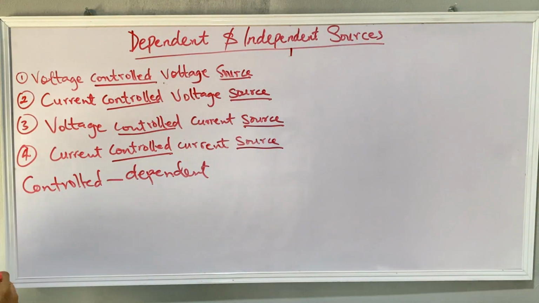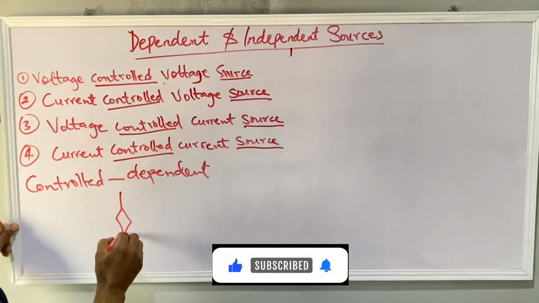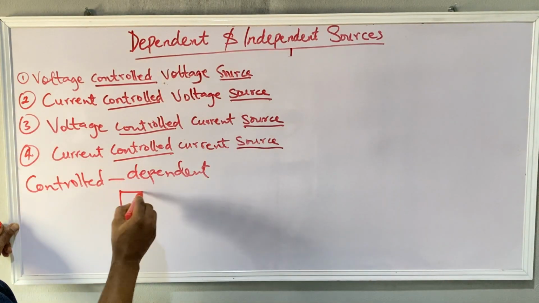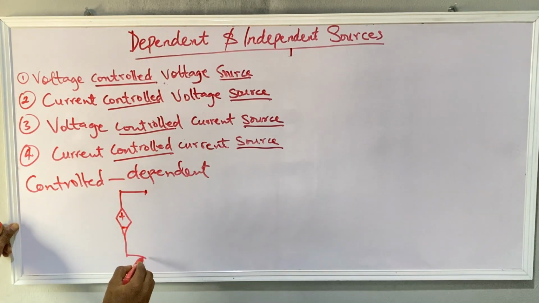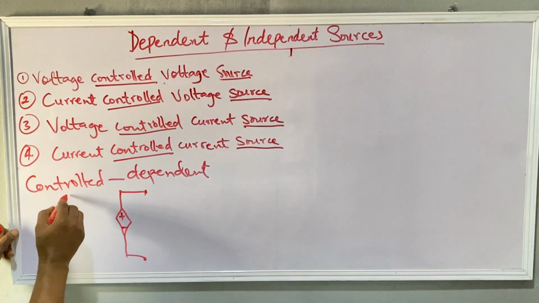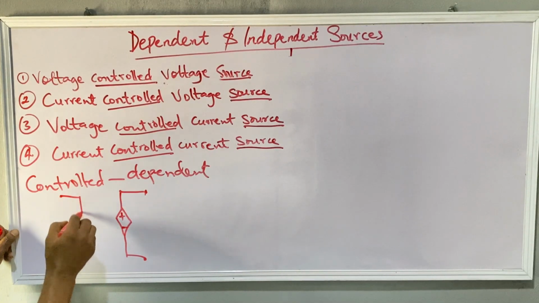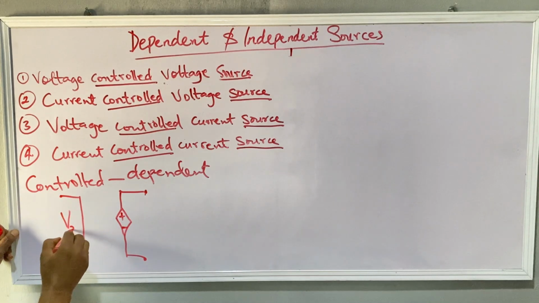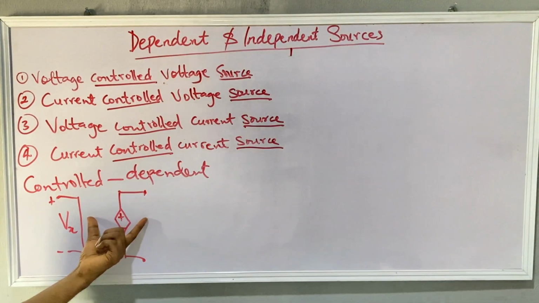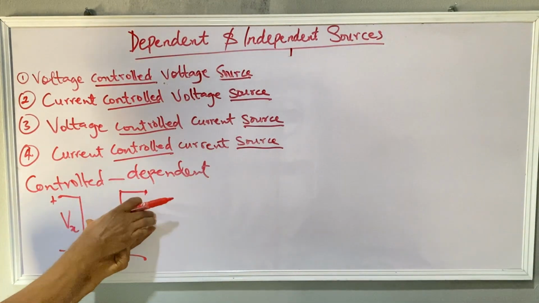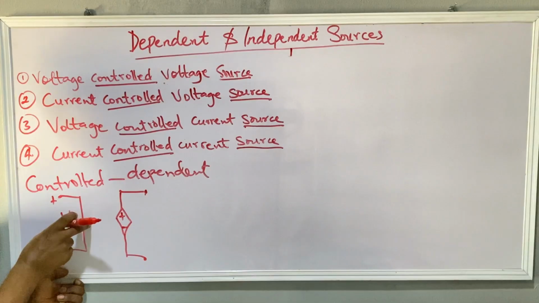So let's see the first one. If we have a source voltage, remember we are dealing with DC. This is positive and negative. So if we have a voltage source, this is the main source, and it is dependent on another voltage, Vx.